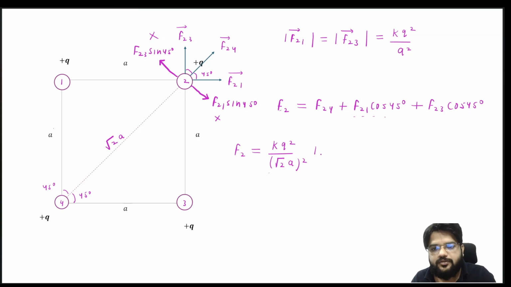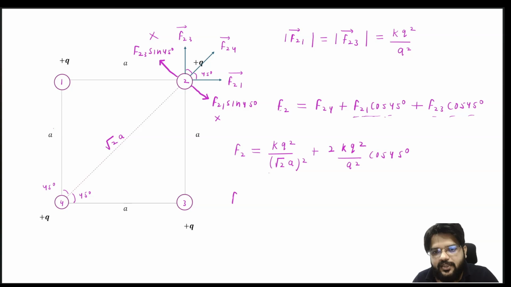plus F21 cos 45. So F21 cos 45 and F23 cos 45 are the same, correct? Magnitude is the same. So directly I am writing 2 KQ square by A square cos 45, correct? Combining both of these.